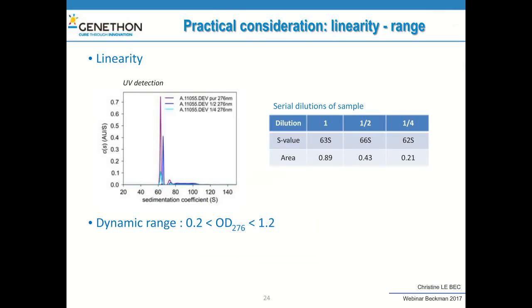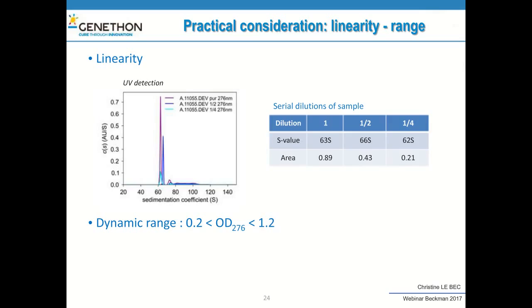We also look at the linear range of the method. For that we took one batch and ran the experiment, diluted in purple, diluted by half and diluted by 4, and we can see that the S value is almost the same, around 62 to 66.